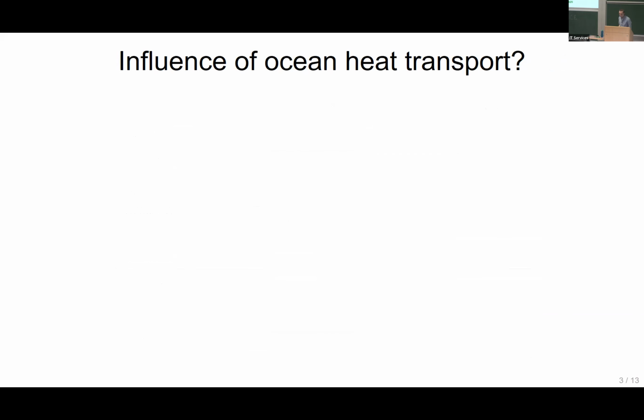we have a hypothesis that the ocean may be playing a significant role here. There's a lot of existing literature on the relationship between the ocean heat transport and sea ice in coupled models.